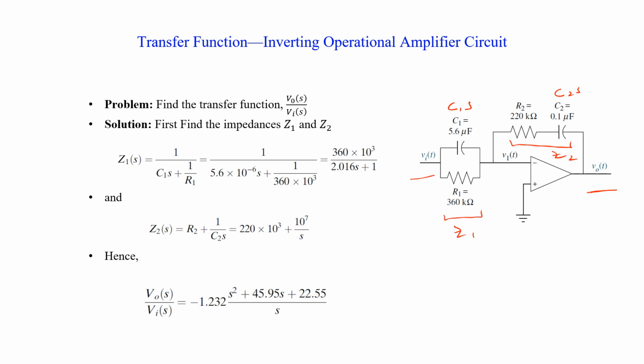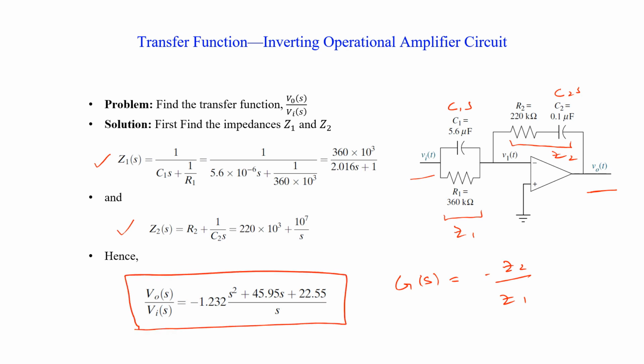So we can easily find Z1 and Z2. Here we have found Z1 and here we have found Z2, and we know that the transfer function will be just minus Z2 divided by Z1, and if we put Z2 and Z1 here, we will get the following transfer function.